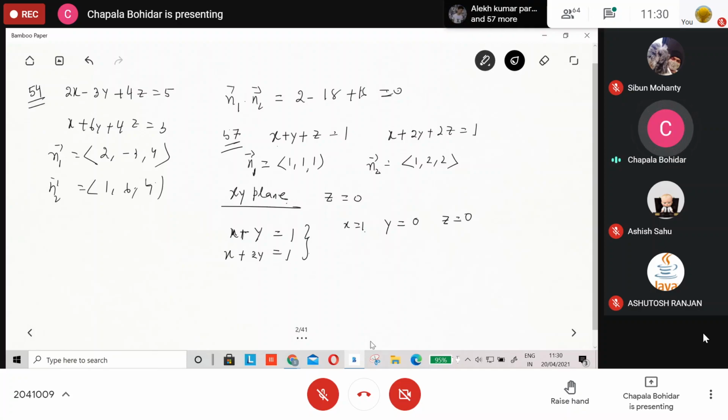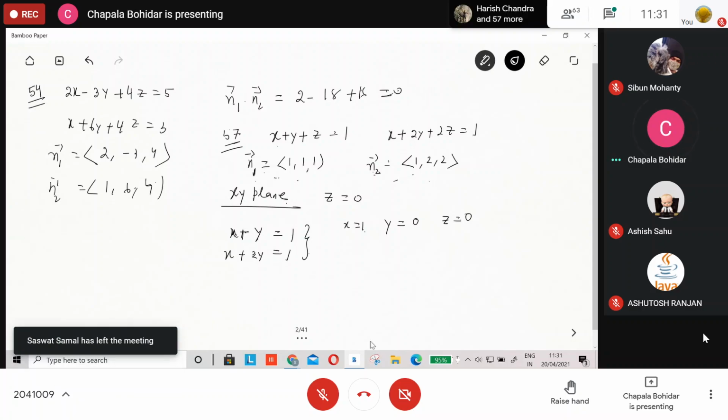Now you see N1 and N2 here. N1 and N2 are not parallel. Are they parallel? No. So I say one note: if they are not parallel, they intersect over a line, and that line is perpendicular to the normals of these planes.